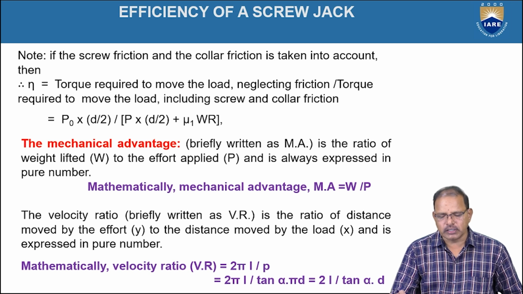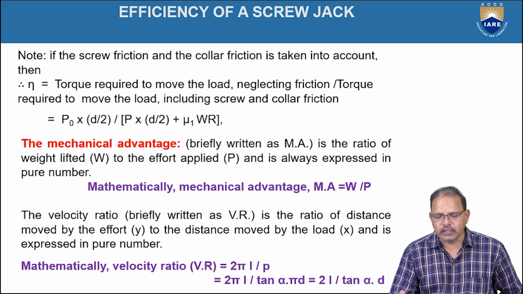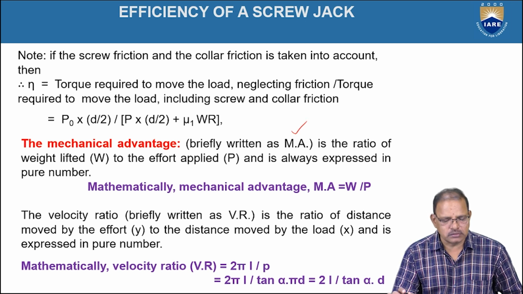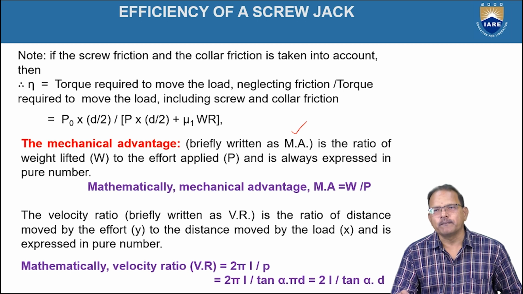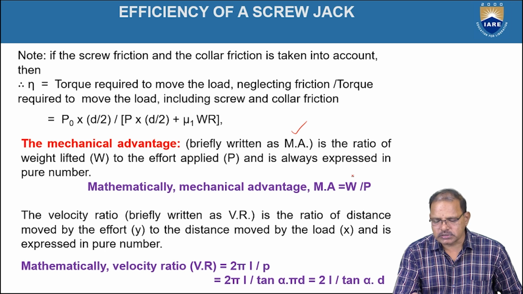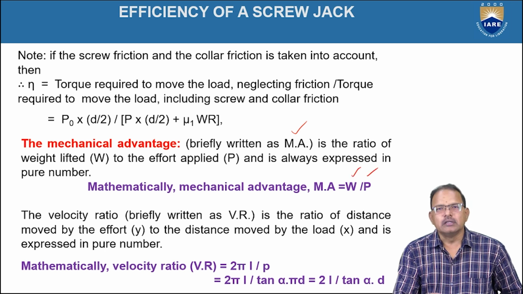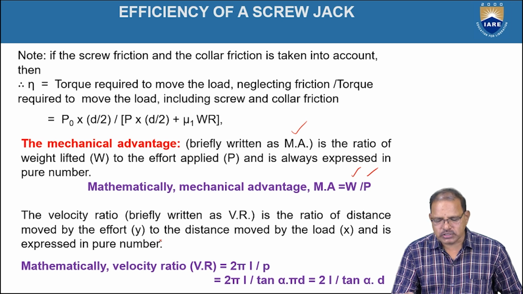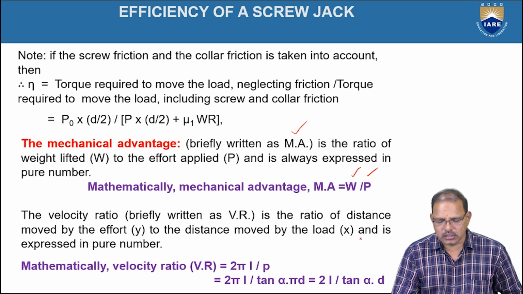The mechanical advantage, briefly, MA is the ratio of weight lifted to the effort applied. Mathematically, it can be expressed as W by P. The second definition, velocity ratio, is the ratio of the distance moved by the effort to the distance moved by the load.